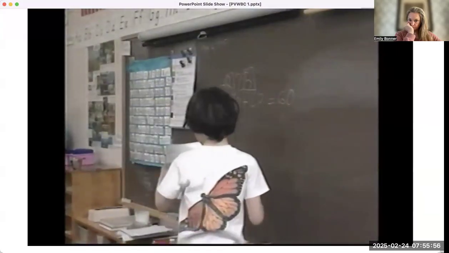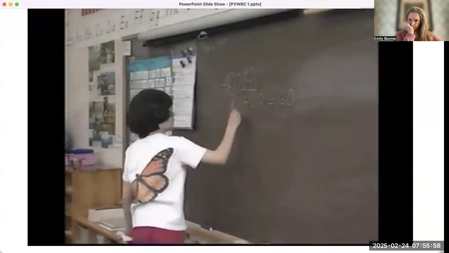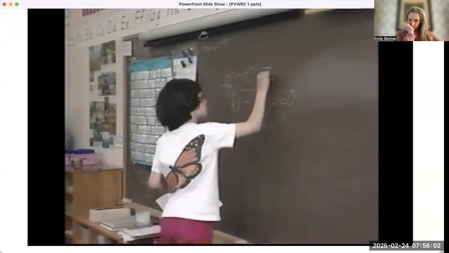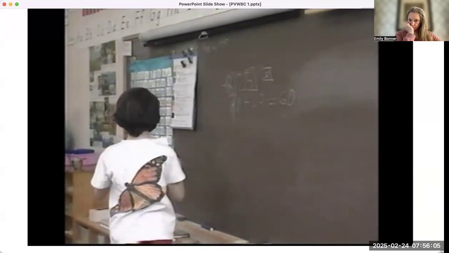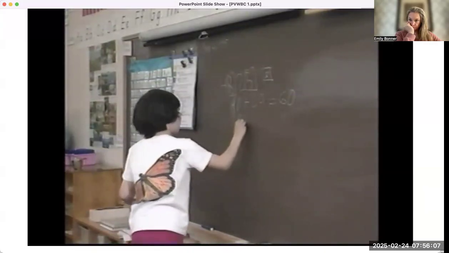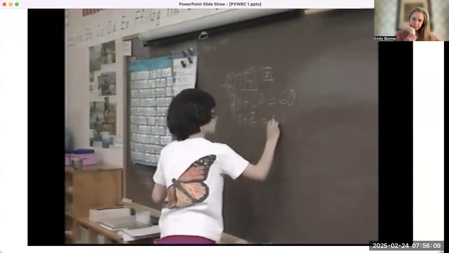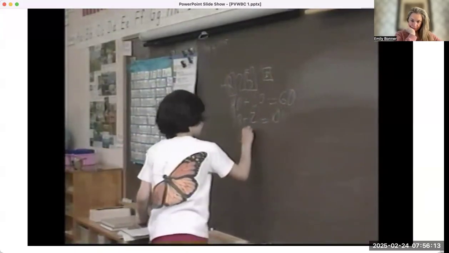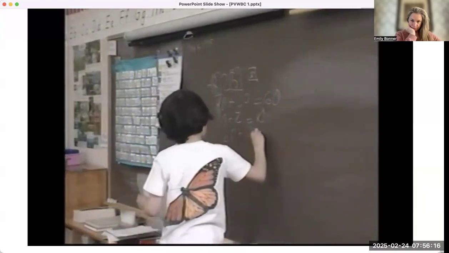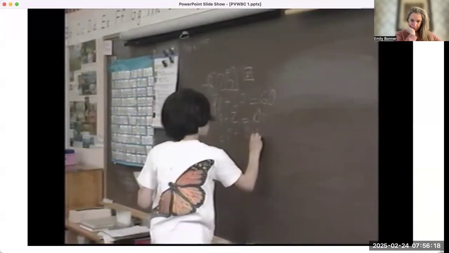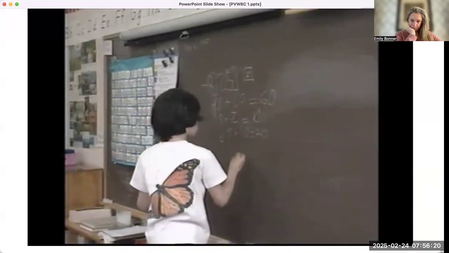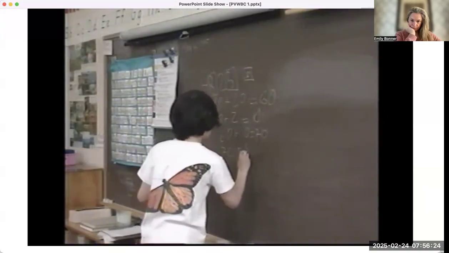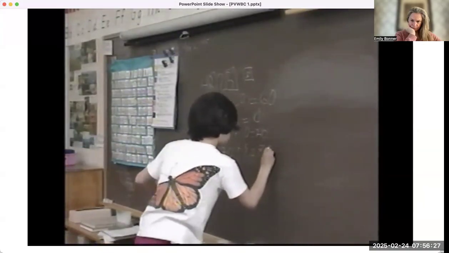And then I made the 5 into a 2 and put 3 in the save box. So 8 plus 2 equals 10. 60 plus 10 equals 70. 70 plus 3 equals 73.